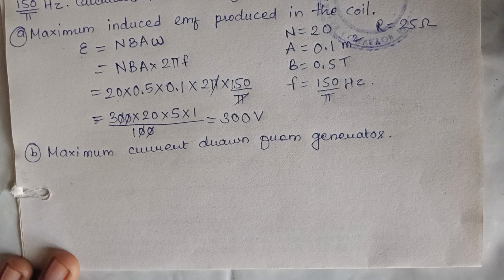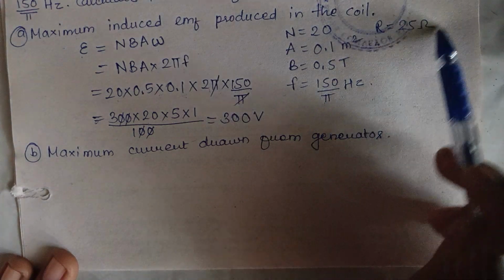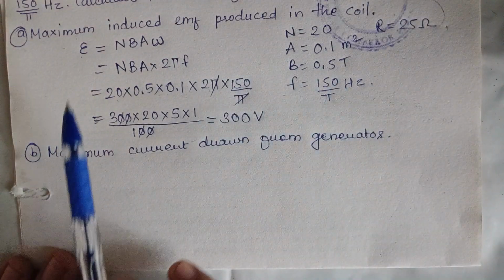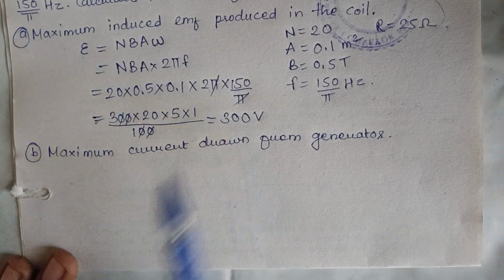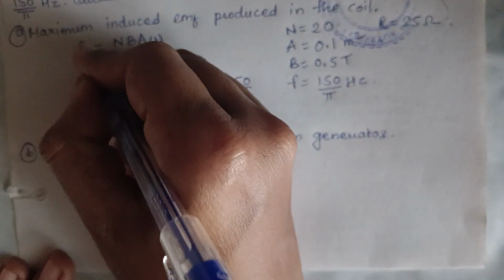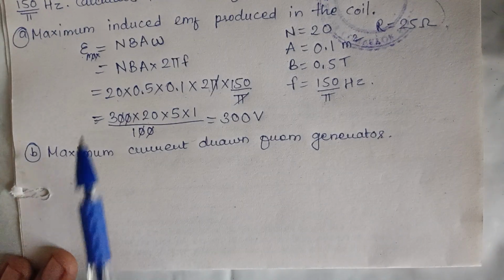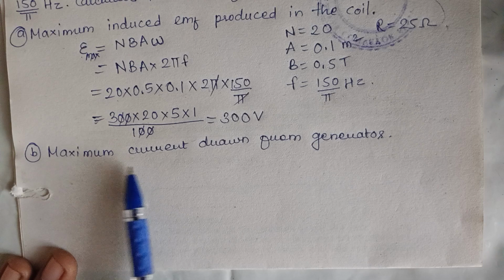Next we have to calculate maximum current drawn from the generator. So here resistance is given, right? And we know the voltage, that is maximum induced EMF. So we can find the maximum current.